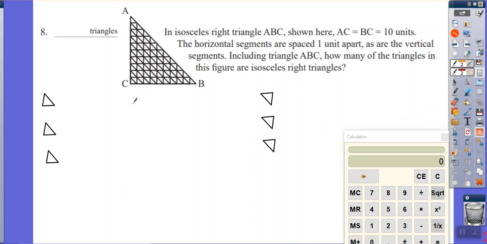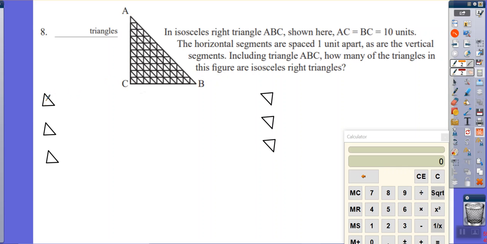So I'm going to break the triangles into two different parts. We have triangles that are facing down and to the left and triangles facing up and to the right. I'm going to start with these downward facing triangles because they're the most obvious looking triangles, right? If I look here, we have 1, and then on this row we have 2, this row we have 3, 4, 5, 6, 7, 8, 9, 10.